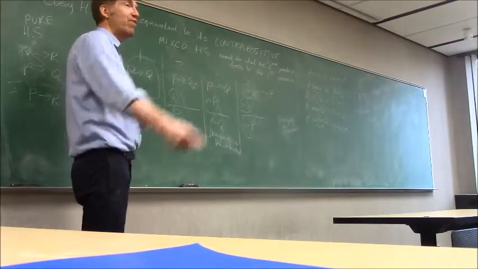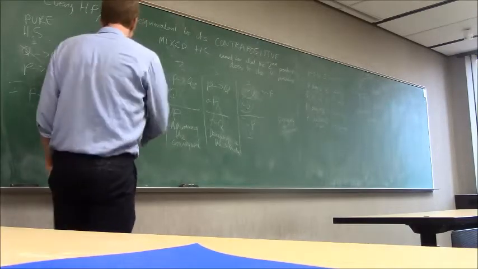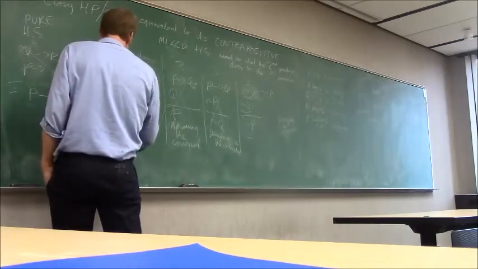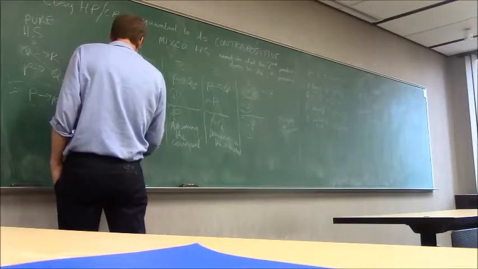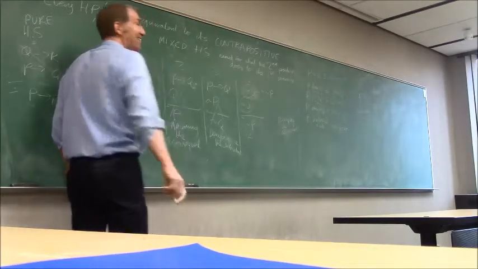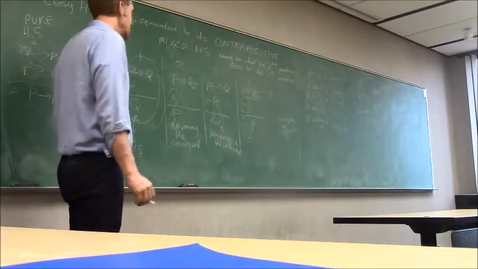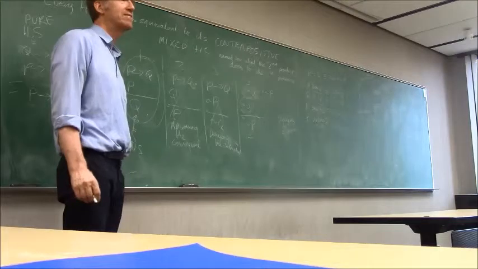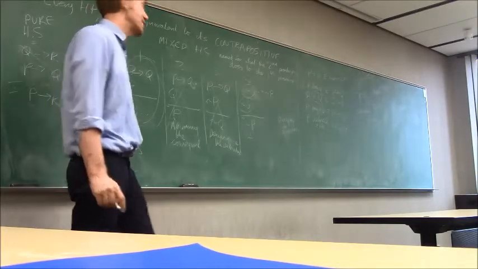The Latin name for affirming the antecedent is modus ponens. Why? I don't know. They just do. So affirming the antecedent is modus ponens. Only the valid ones are special enough to get Latin names.